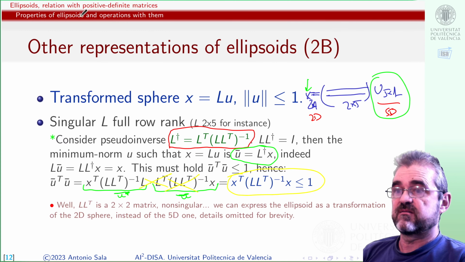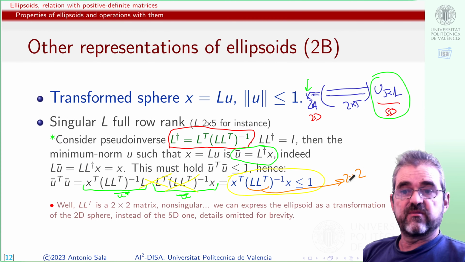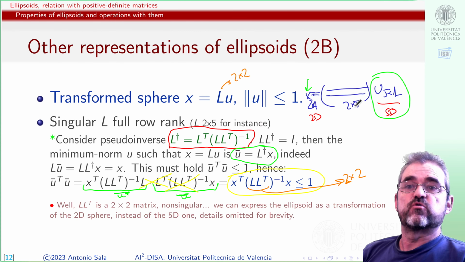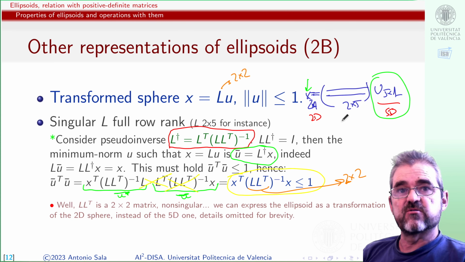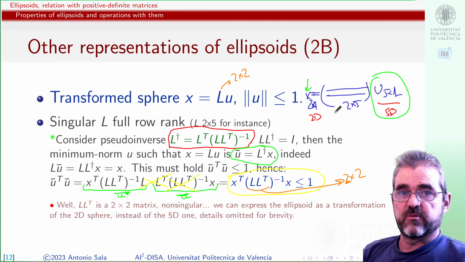But in fact, as this thing is a 2x2 matrix, for sure we would be able to find a 2x2 L that does the same job as this 2 times 5 matrix. But okay, I'll skip those details for brevity, but you may think on it if you wish.